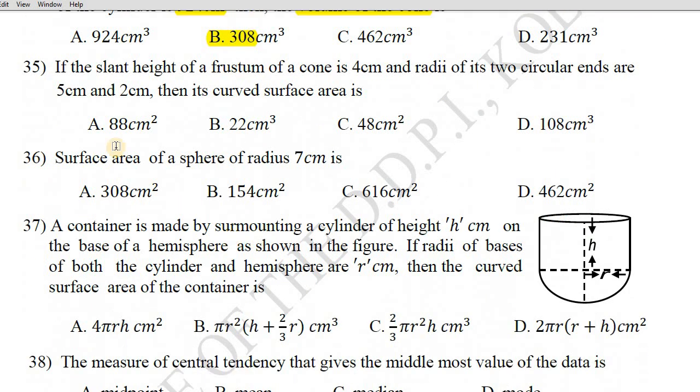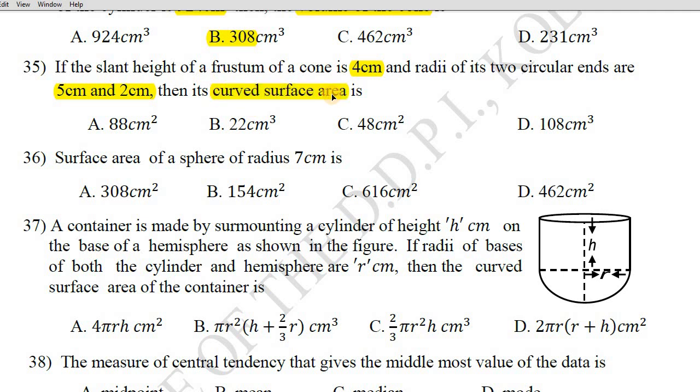Next, question number 35. If the slant height of a frustum of a cone is 4 cm, the slant height L is given, and the radii of its two circular ends are 5 cm and 2 cm, meaning one end is 5 cm and the other end is 2 cm, the greater circle radius is 5 and the smaller circle radius is 2 cm, then its curved surface area.